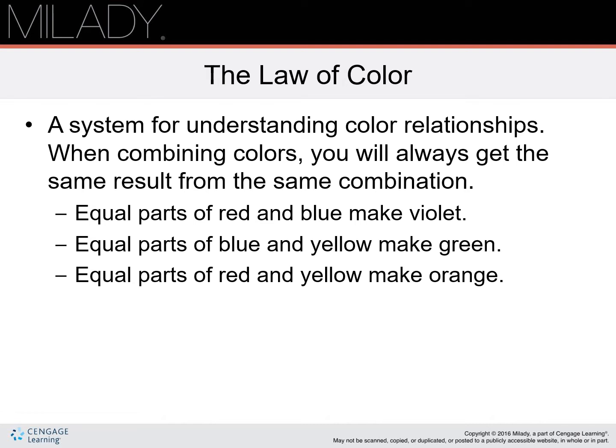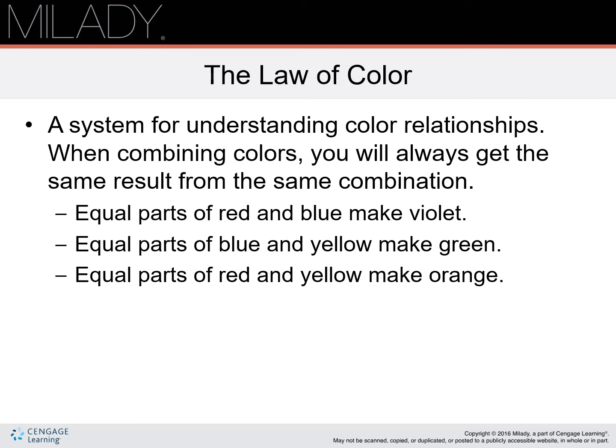So let's go into the law of color. What is the law of color? It is a system for understanding color relationships. When you combine colors, you'll always get the same result from the same combination. And you probably remember this in maybe elementary school. You guys did this with Miss Julia when you were working on your color wheel in her classroom.